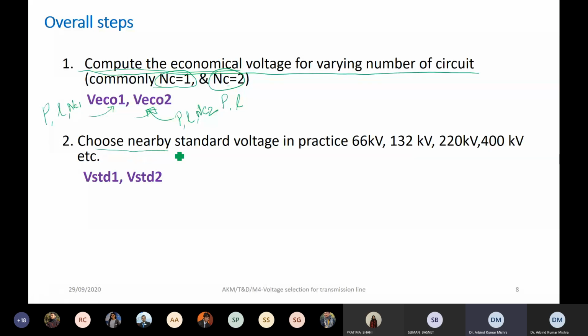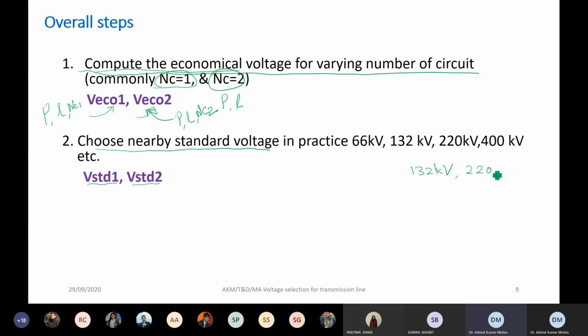Now choose the nearby standard voltage, that is V standard 1. And now I can explain what I mean. Suppose you are adopting 132 kV and 220 kV transmission lines till now in our country.